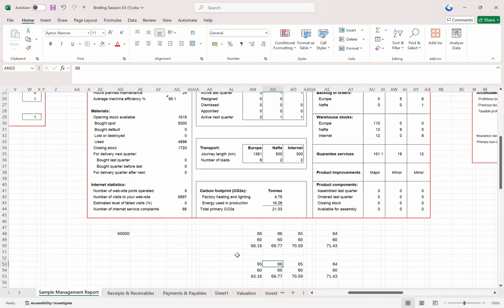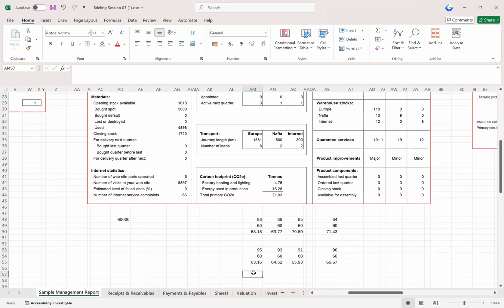Let's say I'm increasing it to 93, 91, and let's say 90 now. Right? Because when I sell a machine, my machine efficiency would increase. That means the amount of time that I am able to save is this many minutes in this product.